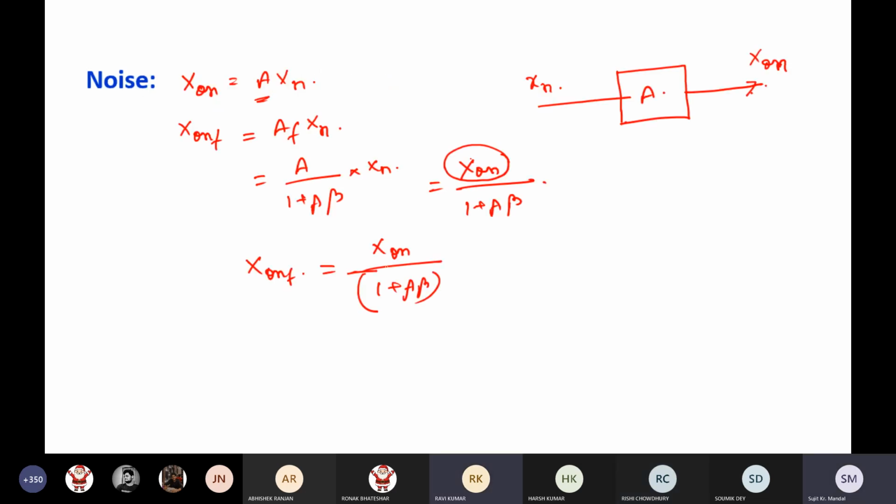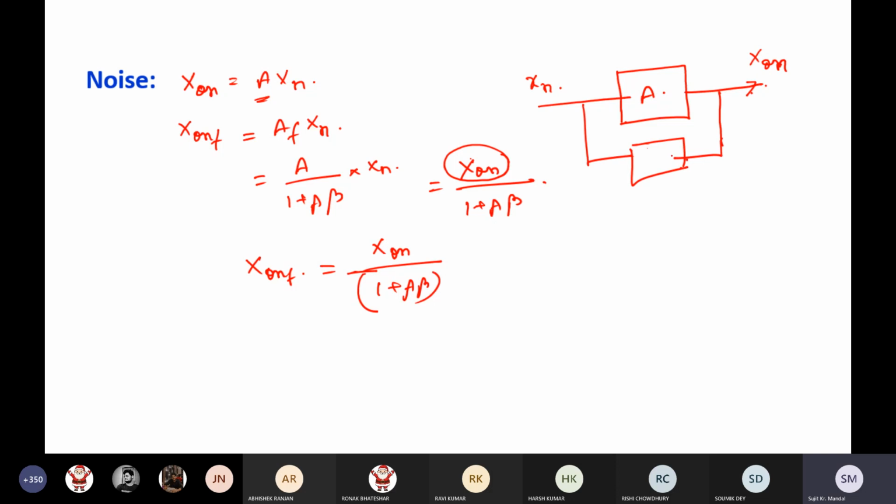Okay. Then the input output. Just please one more time. Yes, can you tell what? What is X0nF? Can you explain one more time? X0nF is the noise whenever the feedback is connected. Suppose a feedback network is connected.